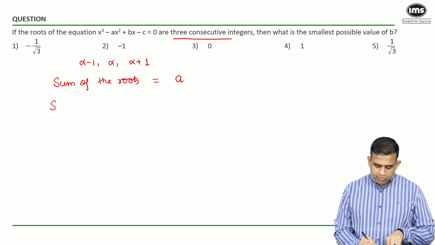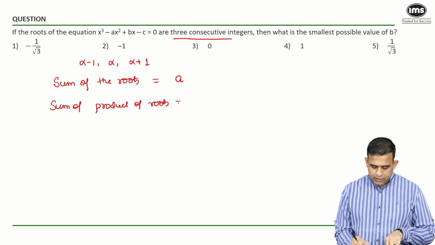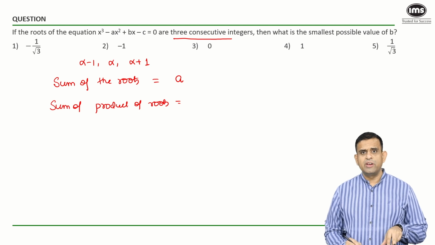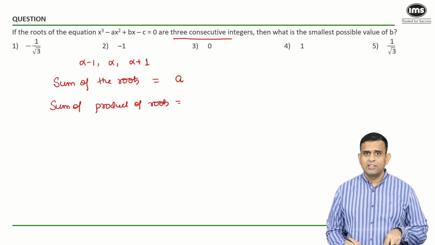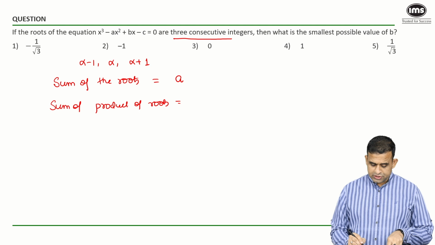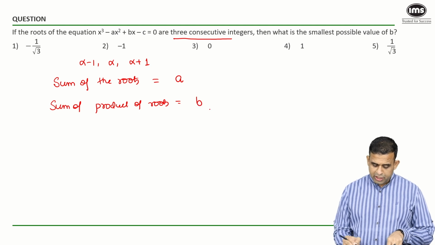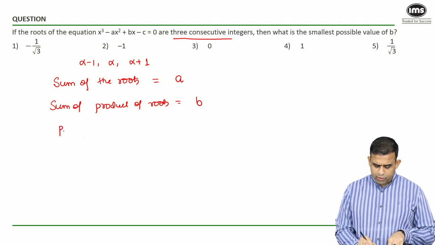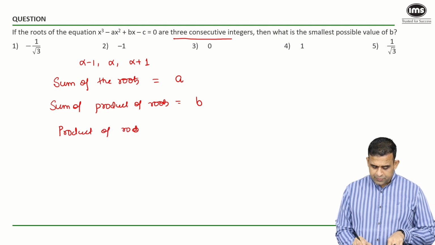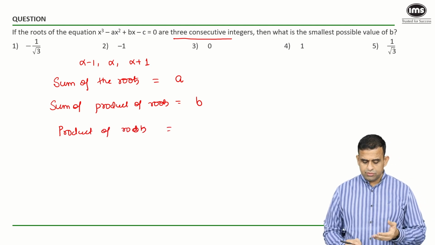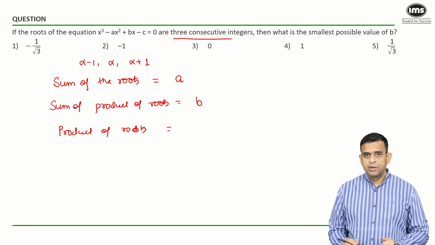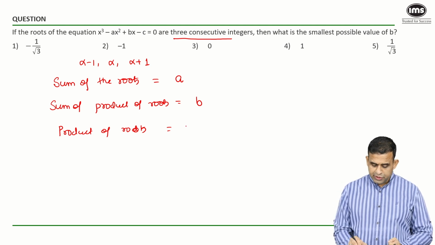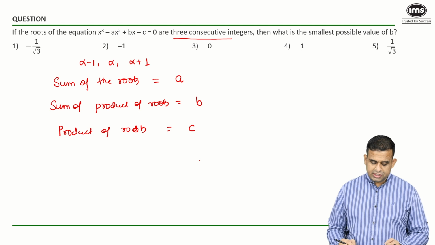Then similarly, the sum of the product of the roots taken two at a time is equal to c by a, where c is the coefficient of x and a is the coefficient of x cube. So this will become simply b. And finally, the product of the roots is equal to minus d by a, and that is going to be equal to, in this particular case, c simply.